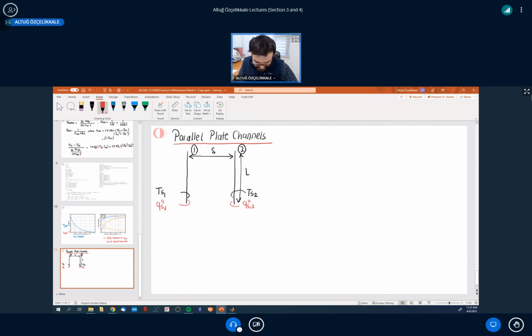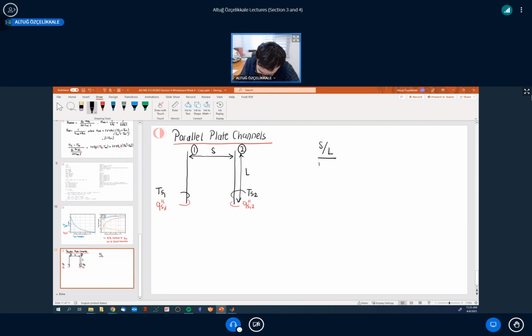The other discussion is, depending on the separation, the spacing, in particular this ratio of spacing to the length of the plates, we can have different flow structures happening. So let's consider this S over L ratio.